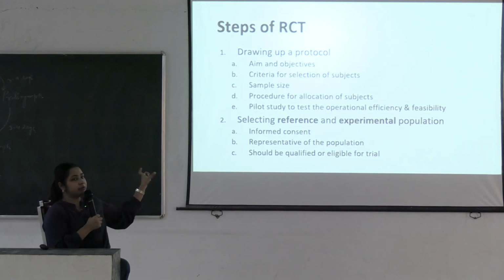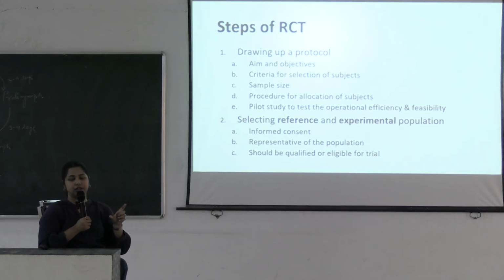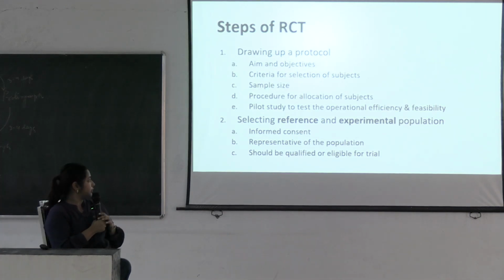So that is the informed consent. The patients will be informed very clearly about what will be in the study, and if they are willing to participate, then they get involved in the study. If they are not willing after hearing everything, then they are excluded. So they should be qualified or eligible for the trial.